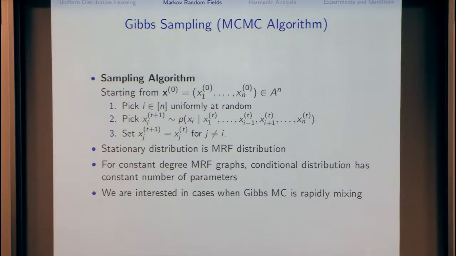If the graph has constant degree, then the conditional distribution depends only on a constant number of parameters, so this sampling problem is easy. We'll focus on cases when this Markov chain is actually rapidly mixing as well. Yeah, poly n.